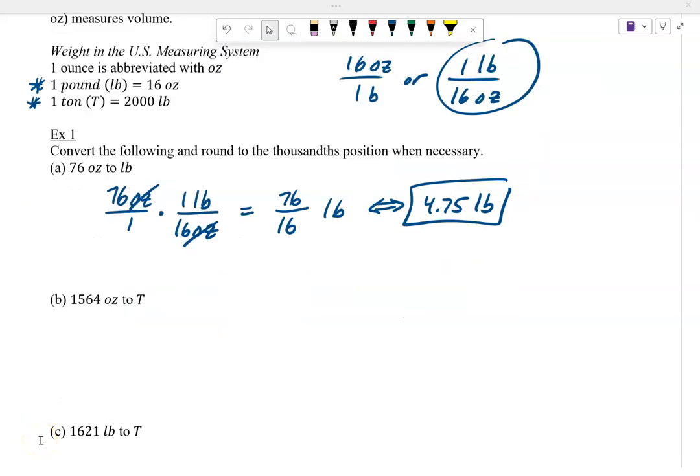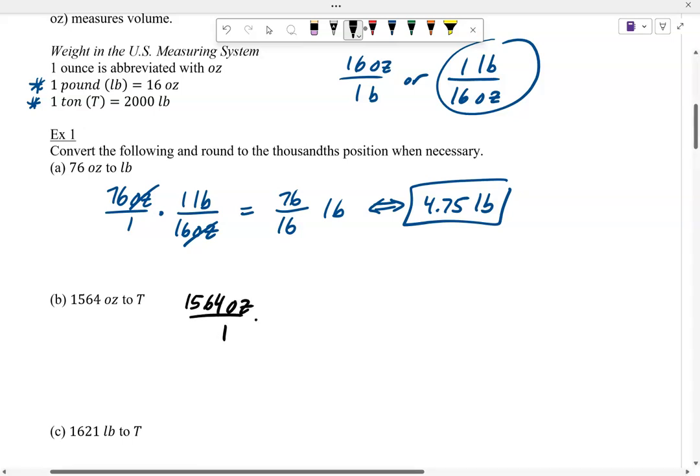All right, this next one we have ounces and we want to put it in tons. So we'll convert that 1564 ounces into pounds first. For every 1 pound, there's 16 ounces. Now we're in pounds, but we want to take our pounds and go to tons. And we know there's 2,000 pounds for every 1 ton, or 1 ton for every 2,000 pounds.